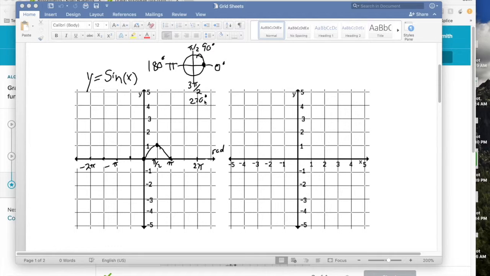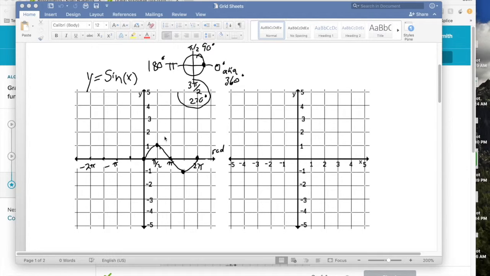That's where we start. It's also, aka, 360. So if we type in sine of 270, or sine of 3 pi over 2, we get -1. So that's why we're going to extend our line down here. And then if we type in a value of 2 pi, we get back to 0 again.